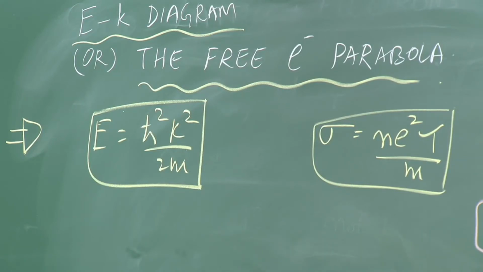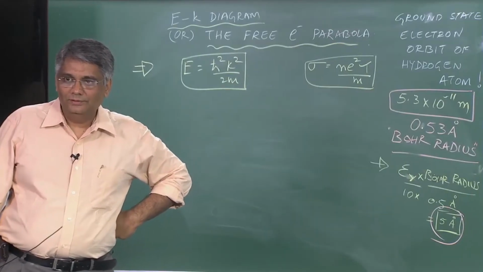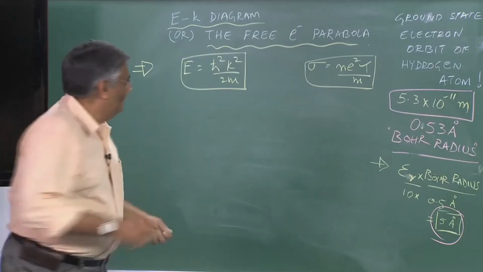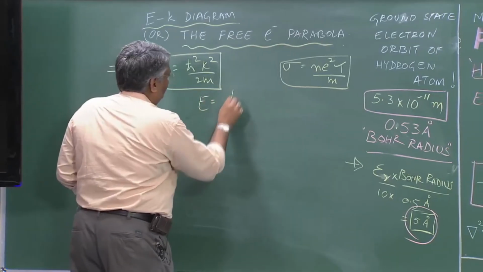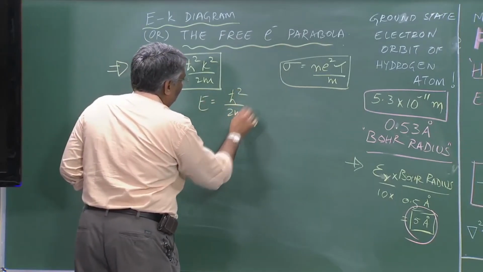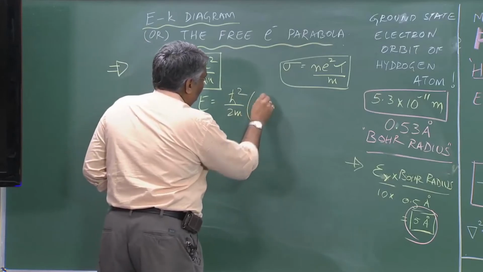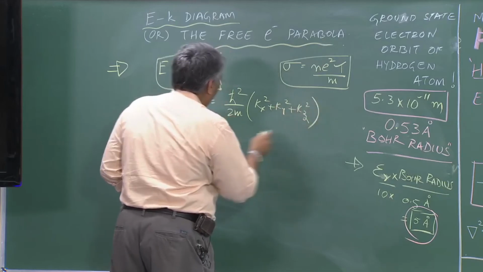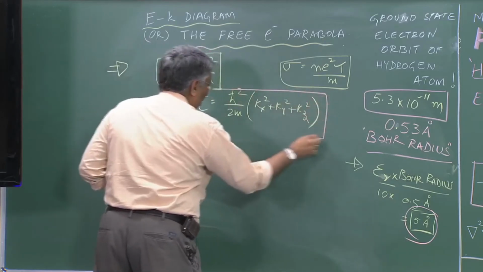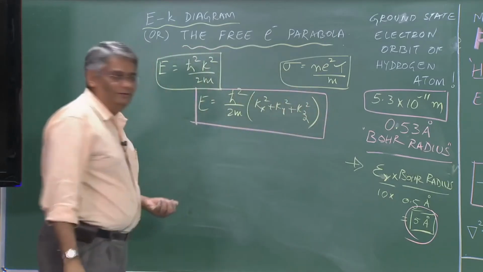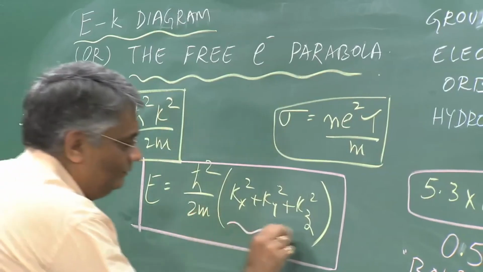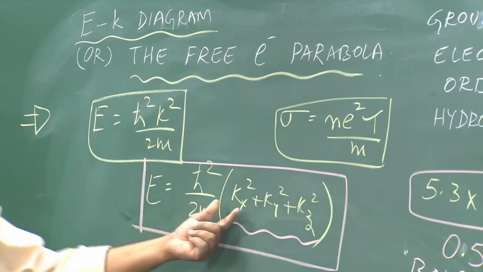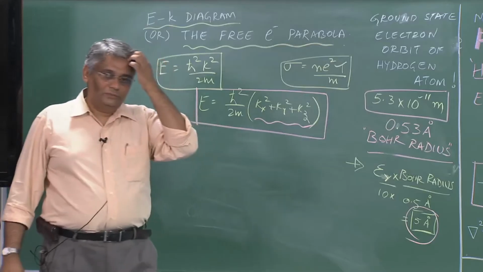The electron can take all energy values in the so-called k space, and you can also write the three-dimensional form of this equation, where kx, ky, kz are the wave vector components along the x, y, z directions.